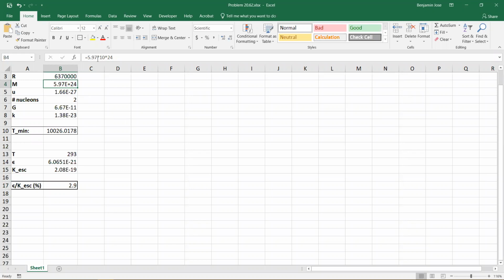Okay, the moon is considerably less massive at 7.3 times 10 to the 22 kilograms. That's about 1/100th the mass of Earth, surprisingly. And the radius is 1737 kilometers, something like 1/4 the radius of the Earth.